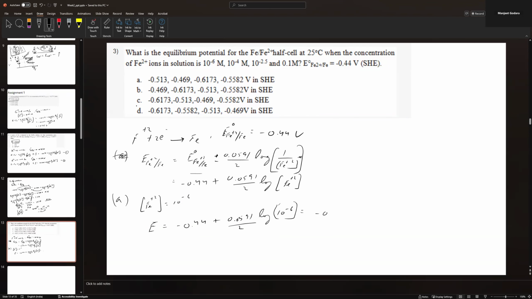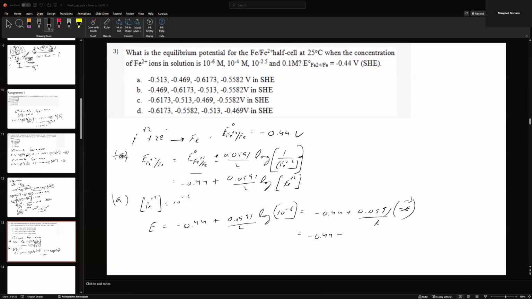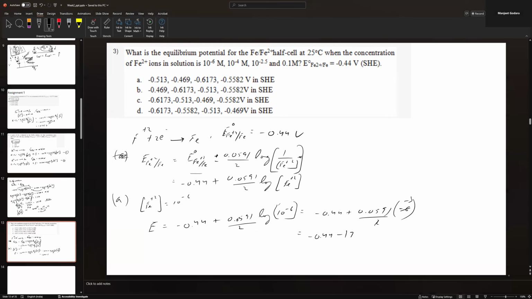Okay, so -0.44 plus 0.0591 divided by 2 into minus 6, which is minus 0.1773.